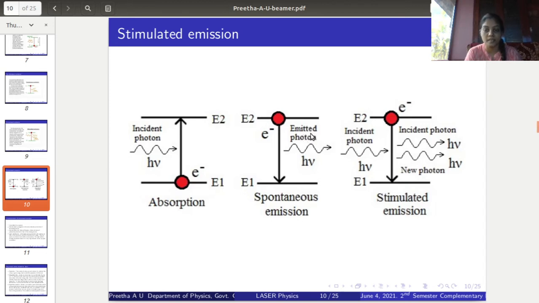This is larger compared to 10 to the power minus 9 seconds. So instead of coming down to the ground state, the excited atom can come down to this intermediate energy level, where it can stay for a long lifetime compared to the excited state, and that state is known as the metastable state, which is very important in order to explain the theory of lasers.